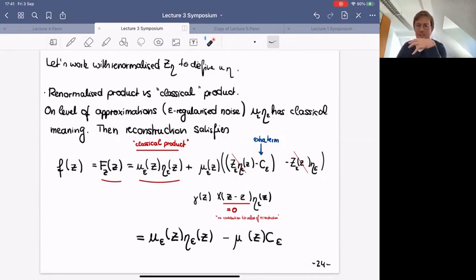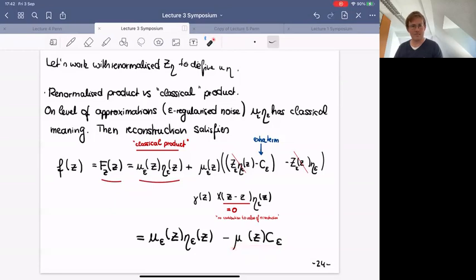Okay, so if I choose now to define my germ with this renormalized product as opposed to the classical product, it gives the product a different meaning. So the renormalization that I have done on the level of this product z times eta translates immediately to a renormalization that I have to do here on the level of this product.